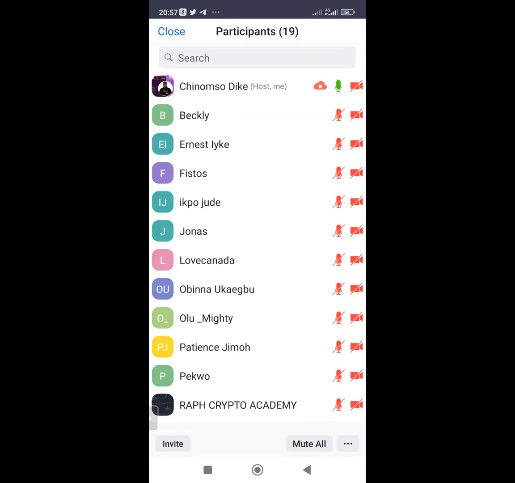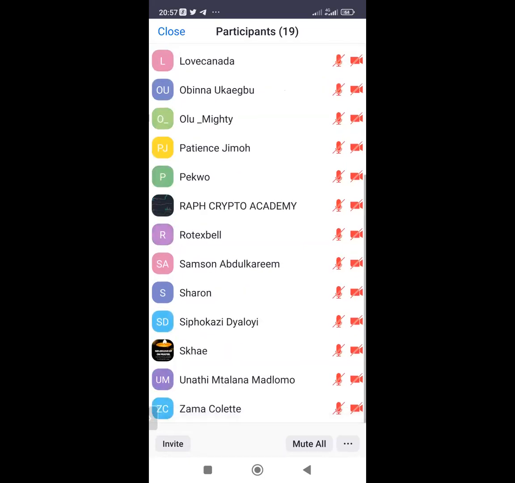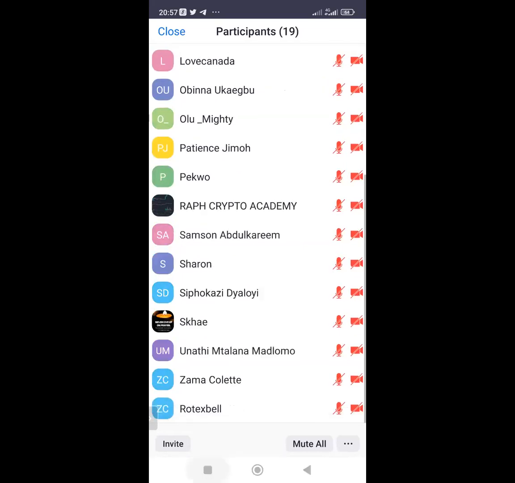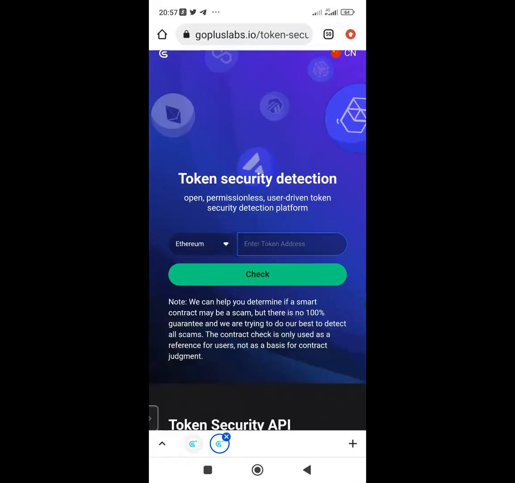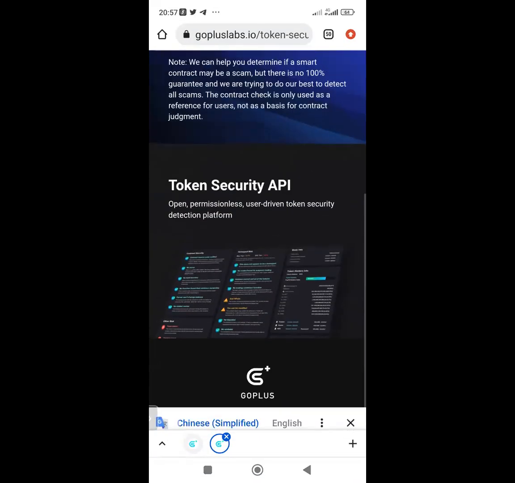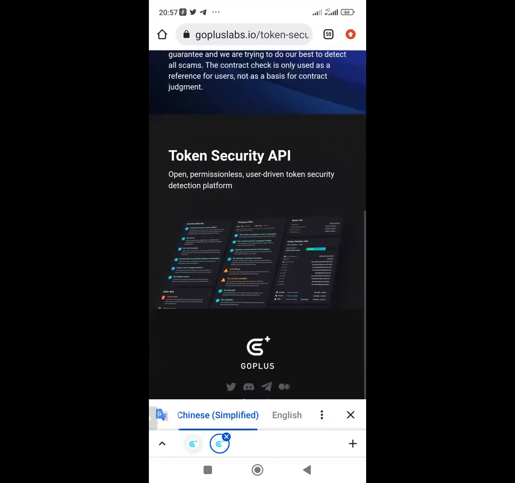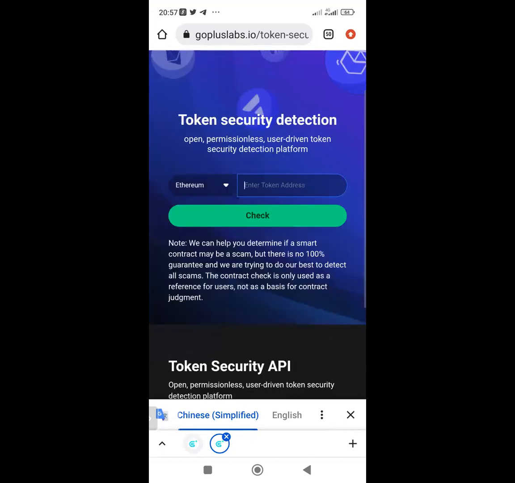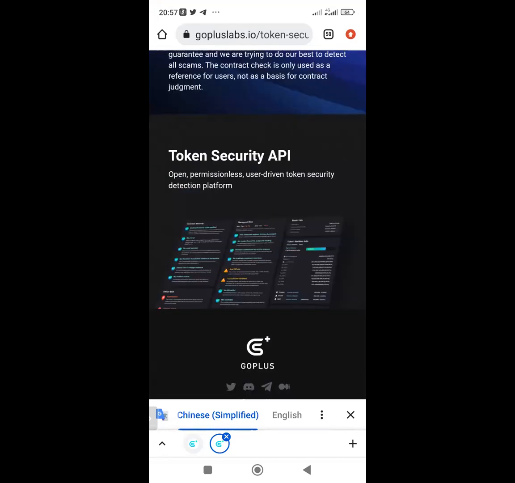Okay, I need one more contract address before I pass this area. Go to the next thing. So you can see there are lots of other functions, like the token security API. If you are developing a wallet or something, you can discuss with us.